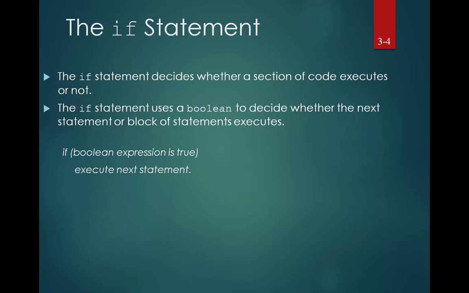Hopefully that's clear. Basically, in any algorithm that has branching, you get to a point where you check some condition, and based on that condition, you decide to do a certain thing, or to not do it, and go on with the rest of your algorithm.